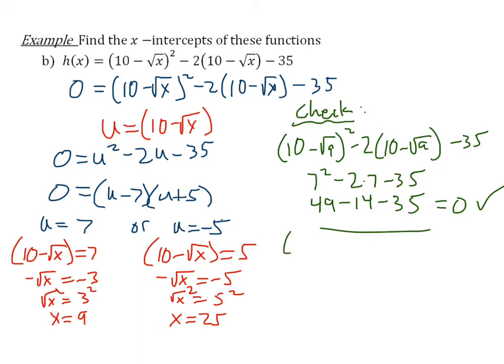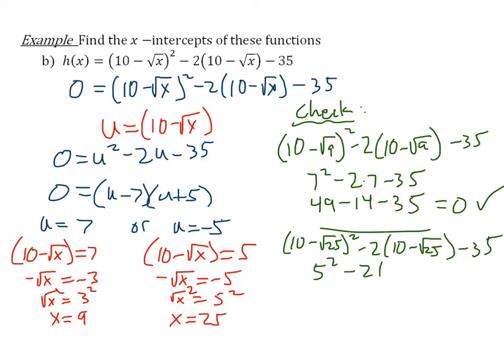How about 10 minus the square root of 25, squared, minus 2 times 10 minus the square root of 25, minus 35? Well, 10 minus the square root of 25 is just 5.